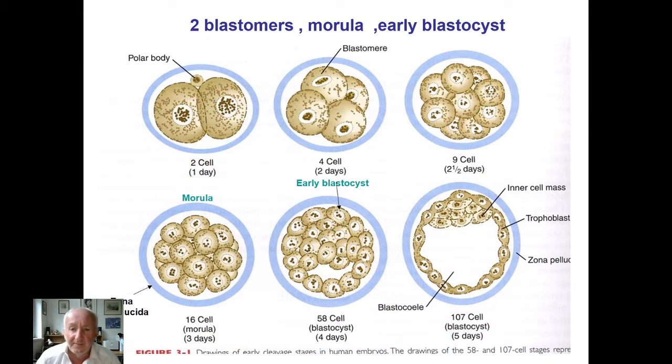For repeating, nice morula: zona pellucida around, outer cell mass, inner cell mass.